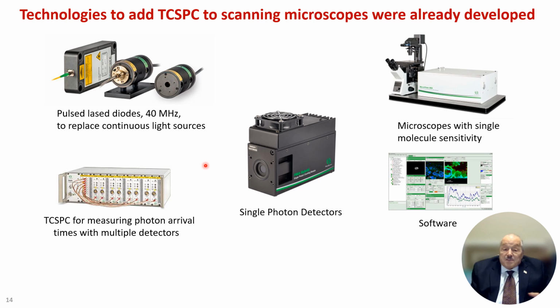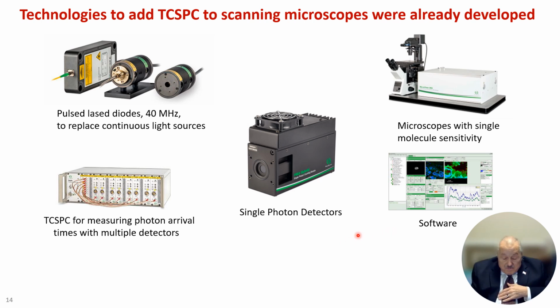But pulsed laser diodes and pulsed LEDs had become available. There had been great improvements in single photon detectors. The electronics for time-correlated single photon counting were already highly developed, so all that was available.